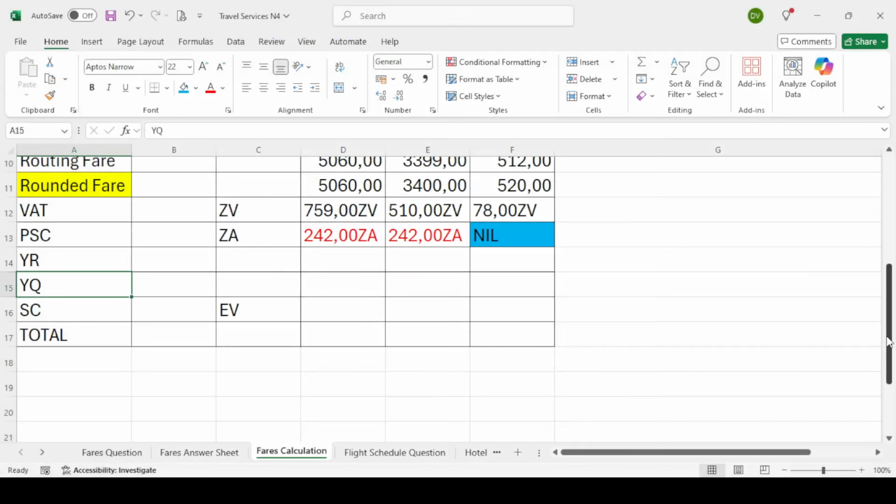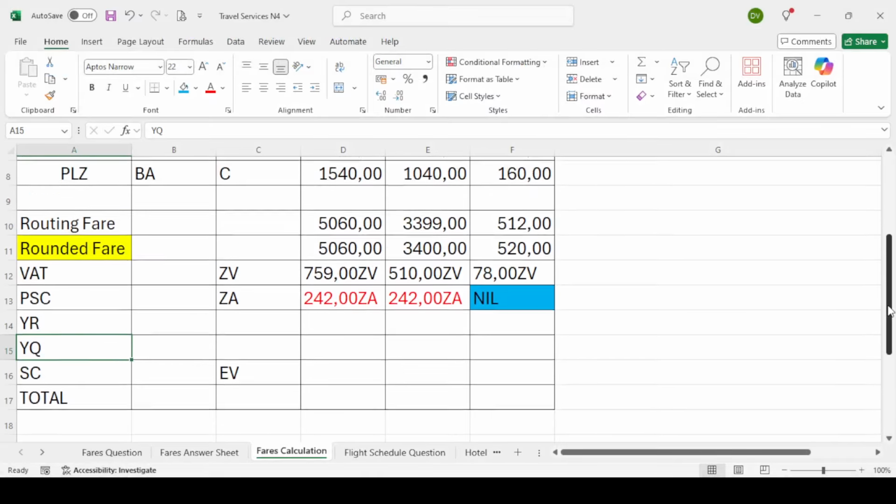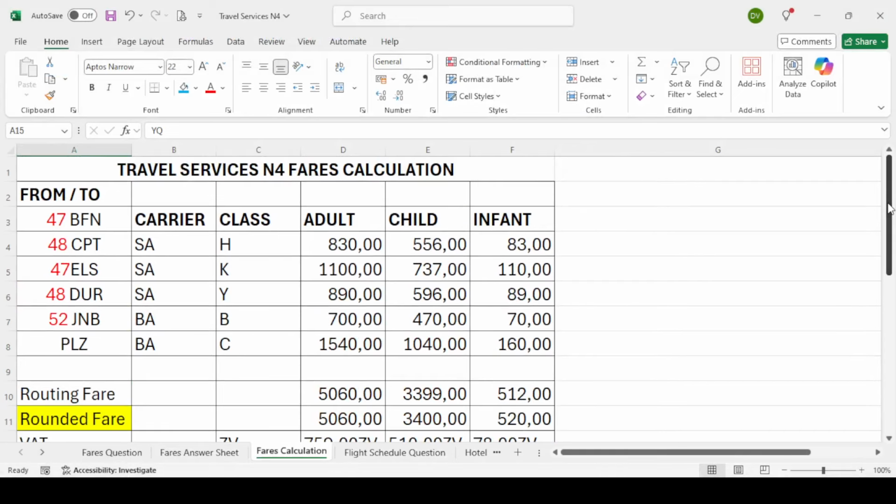Again, I always encourage students to write it in next to the airline because it just makes it more accurate and it helps you not to forget or leave stuff out. So for SAA, I'm charging 140 Rand for all of them. 140 Rand.